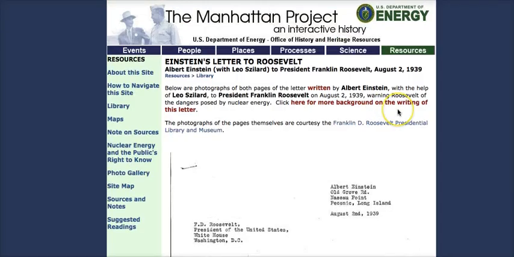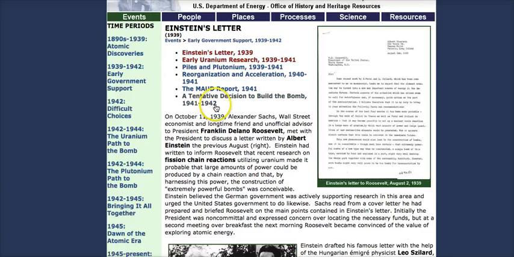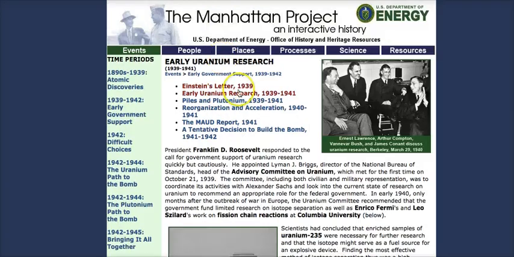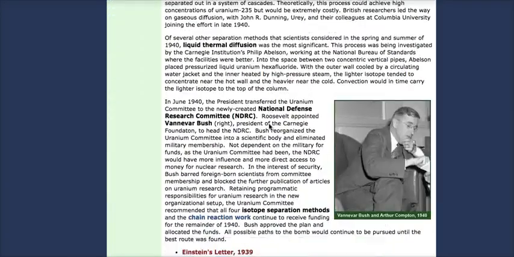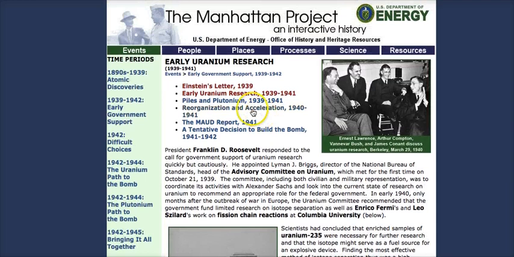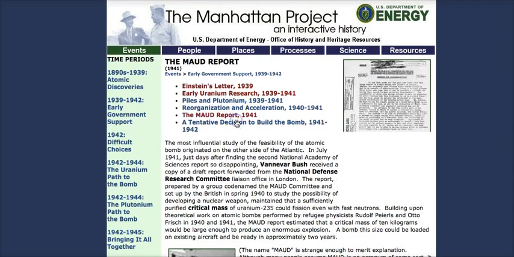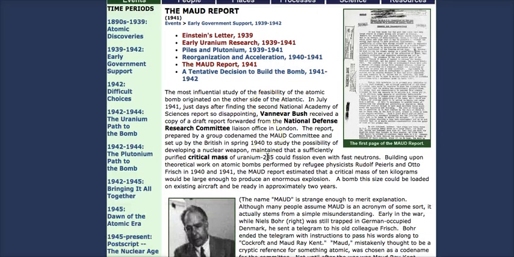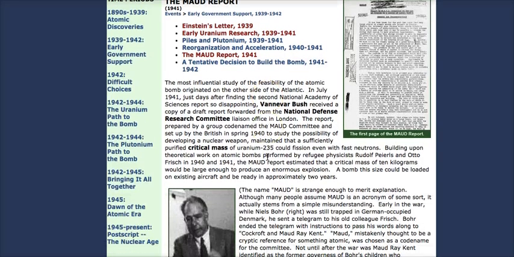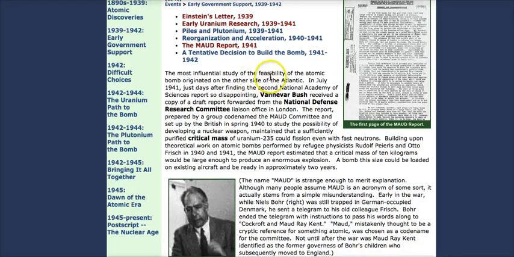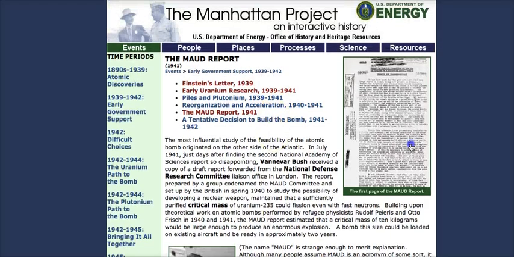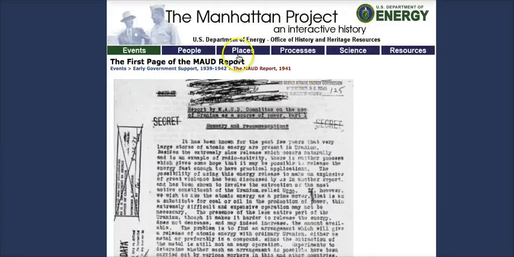This is an amazing primary source, and all I did was search for a term that I found in one of my secondary sources. If I go back, there's this thing that talks about early uranium research. I'm not really seeing a lot there, so that's not the best. Maybe here's a report. Talks about what the MOD report was. So it's a study on the feasibility of the atomic bomb. So this is the first page of the report. This would be a great primary source too.